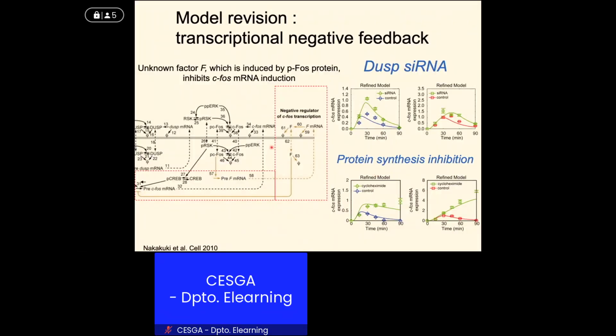And it's a complicated story, but we found that there is another, additional regulator, only in the heregulin condition, which suppresses c-Fos mRNA synthesis. And actually, we validated this with another experiment, and we proved that there is this kind of negative regulator, which is produced by c-Fos but in turn suppresses c-Fos. So we did many experiments to prove this.